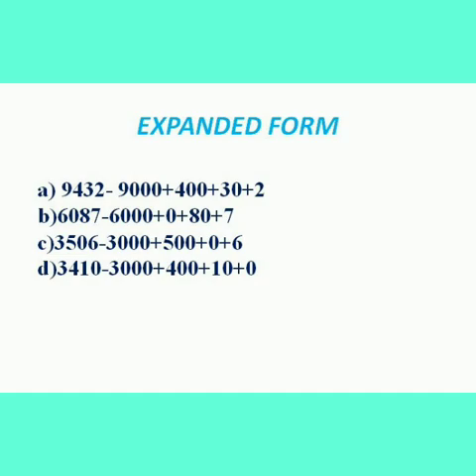Next, 3506 is expanded as 3000 plus 500 plus 0 plus 6. Next, 3410 is expanded as 3000 plus 400 plus 10 plus 0. Hope you understood the concepts clearly.